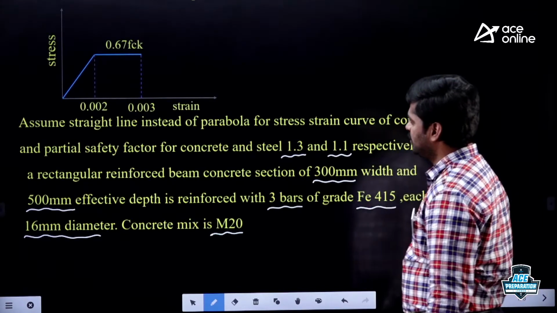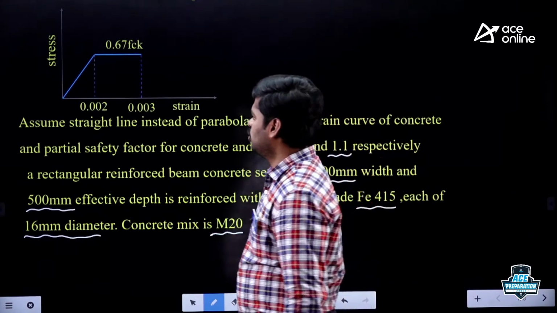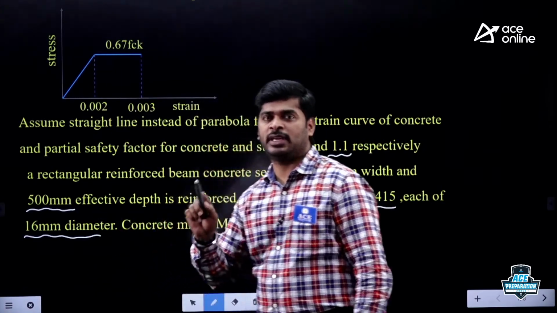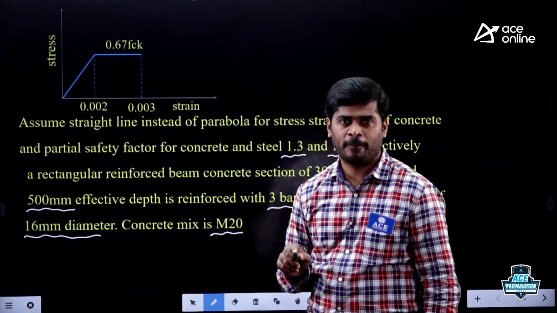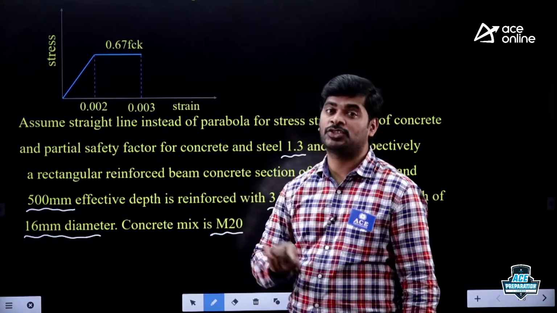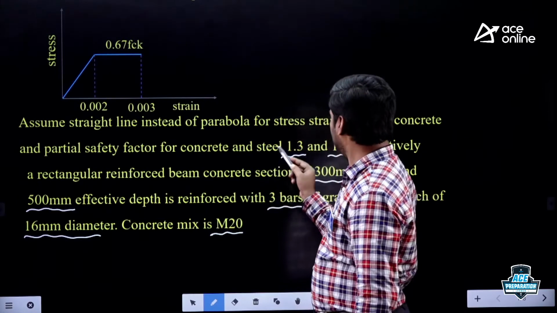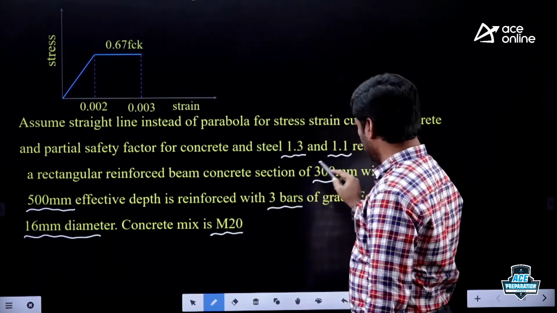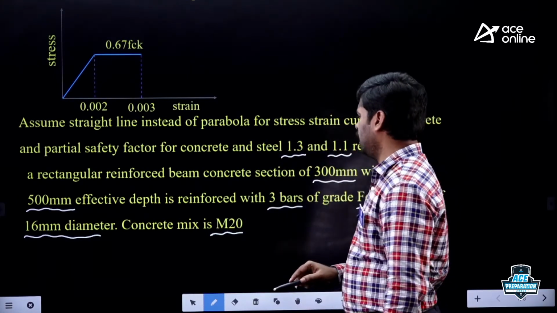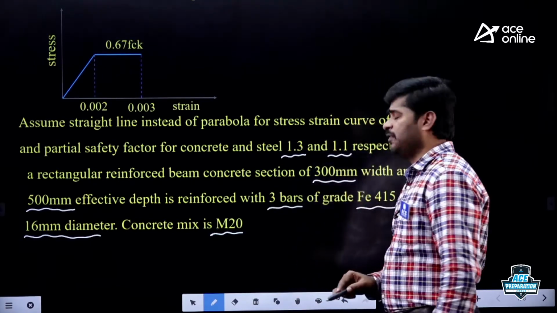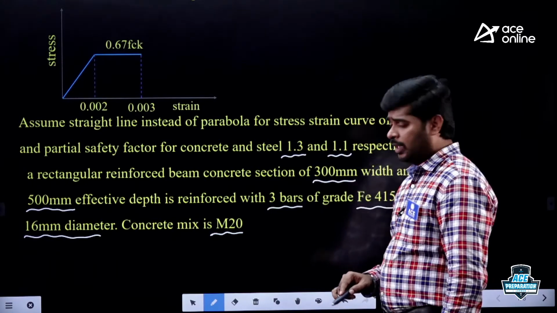This is a question. Assume straight line instead of parabola. Actually, we have taken parabola in a stress block, but here they have given straight line instead of parabola, right? Then given that partial safety factor for concrete is 1.3. Here partial safety factor for steel is given 1.1.